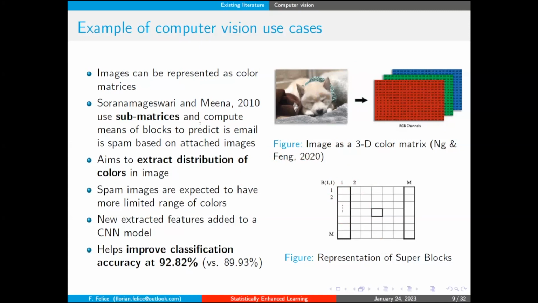And those values are used to try to detect the intensity of the colors of a picture, because they start from the postulate that spam images may have less intense colors because they may be false images, so they may have a different range in colors. They take those means and variances from the pictures and put them as additional variables in their model, and they were able to exceed the performance they were getting before.